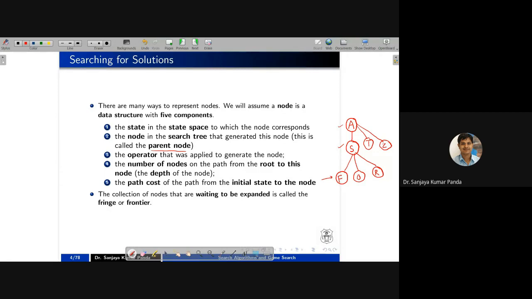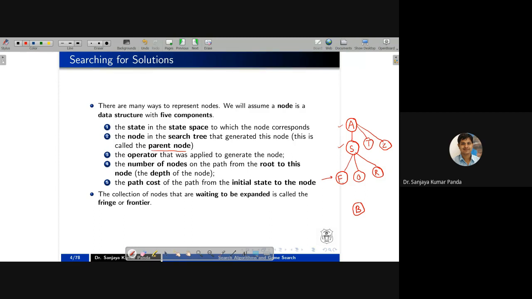If you go for data structures, we call it the depth of the tree. The last data structure component is the path cost from the initial state to the node. Suppose you are traveling from city A to city B. B is not explored yet. In order to move from city A to city S, you have to pay some cost. In order to move from S to F, you have to pay some cost.